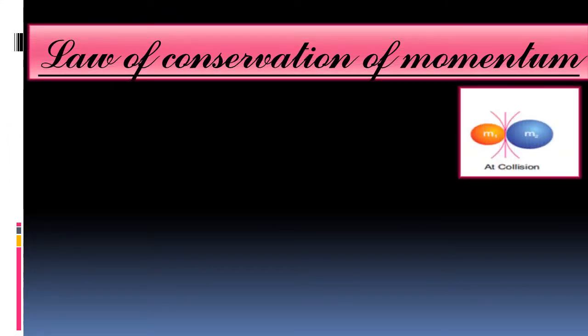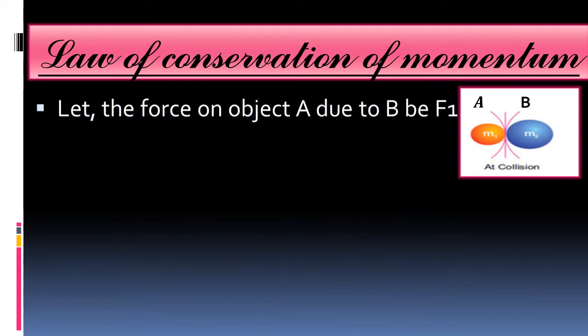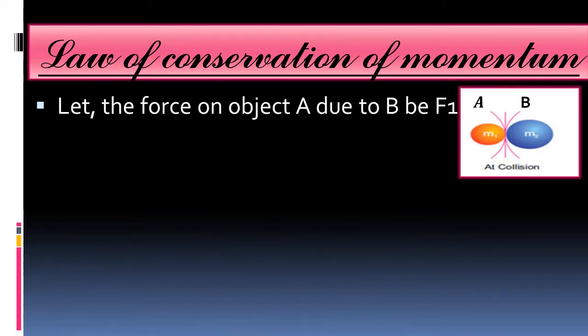Now next we have to see at collision, that is the condition when two objects come in contact with each other or collide. Suppose this is object A with mass m1 and object B with mass m2, and they collide, that means they interact with each other. Let the force on object A due to B be F1.